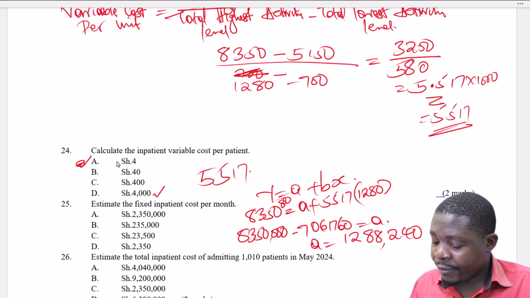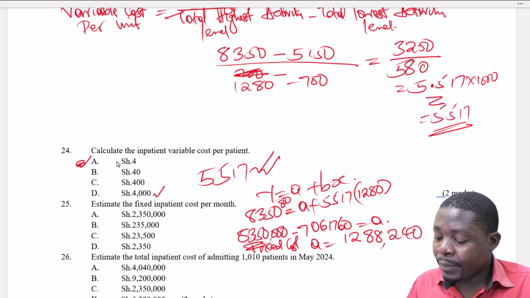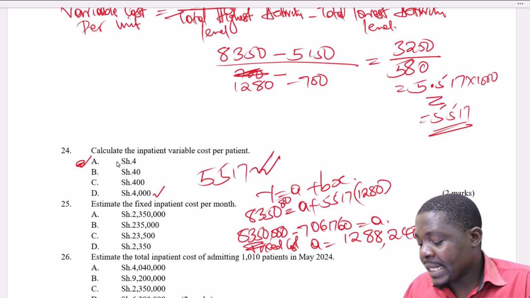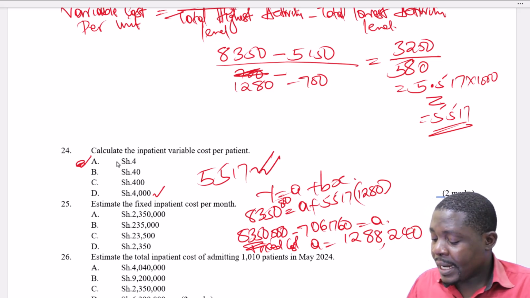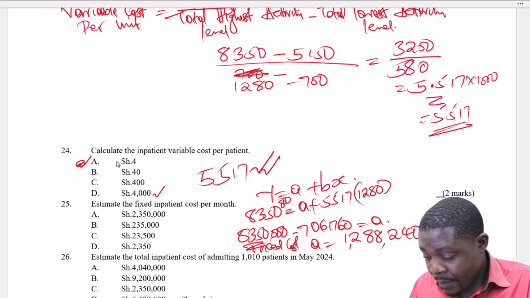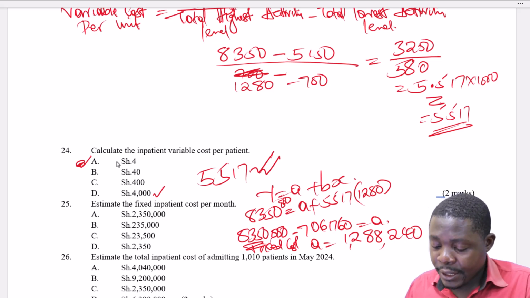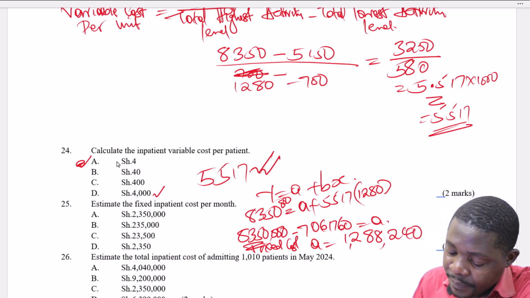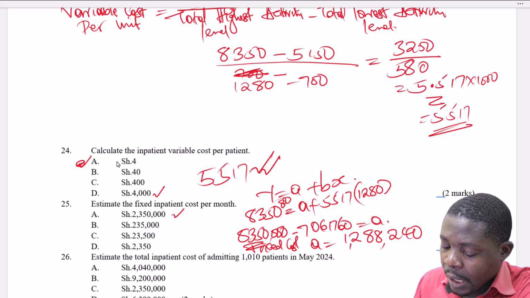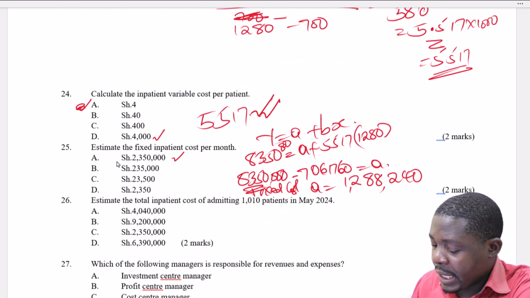That should be the fixed cost. If you use the variable cost per unit, you should be getting the fixed cost as 1,288,240. But look at the answers, the figure is not there, but this one was a bit closer, between 2 million and 1 million.